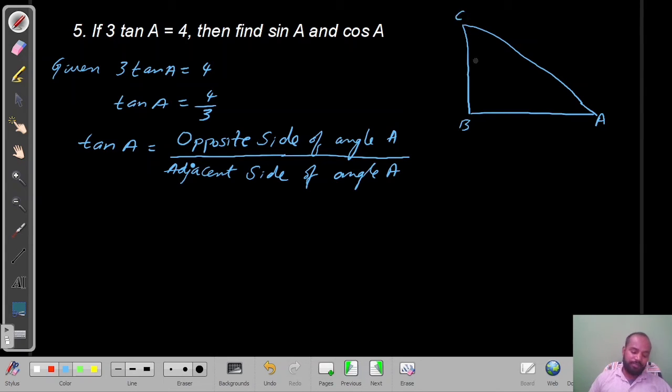Sorry, this line is not coming perfect. Now what is given? Opposite side by adjacent, so tan is given. 4 by 3 is indirectly given.